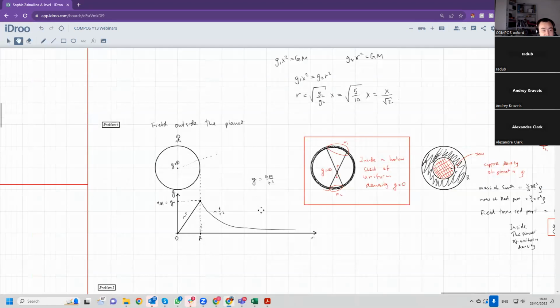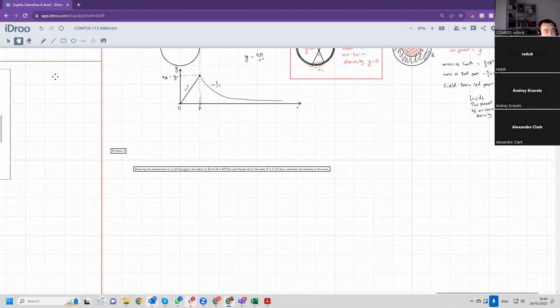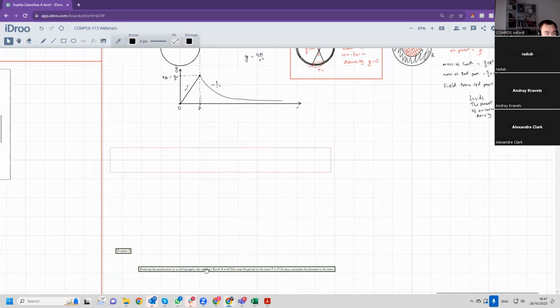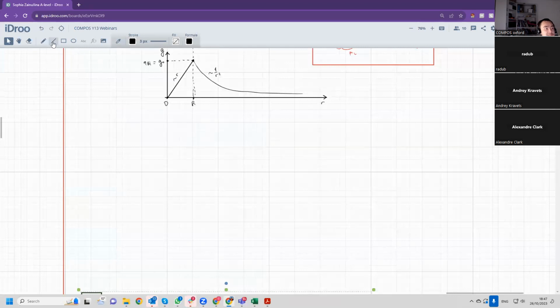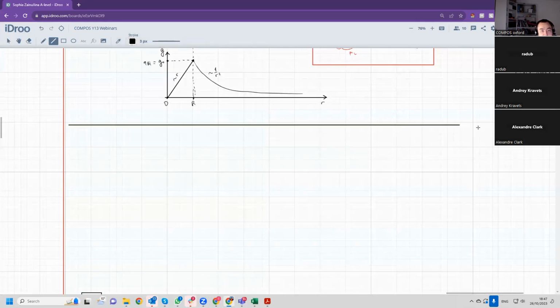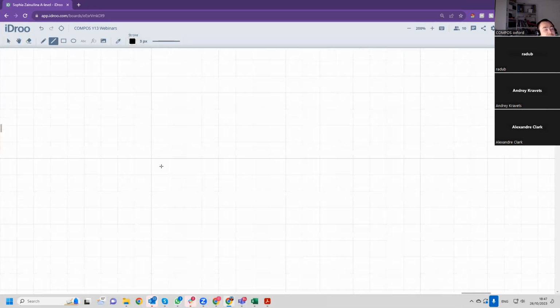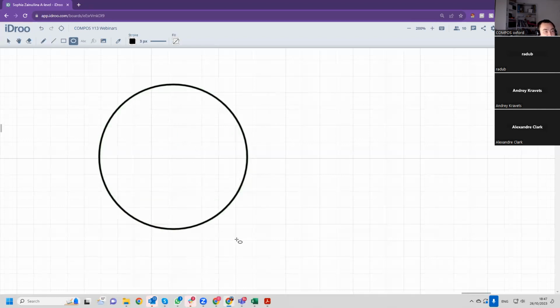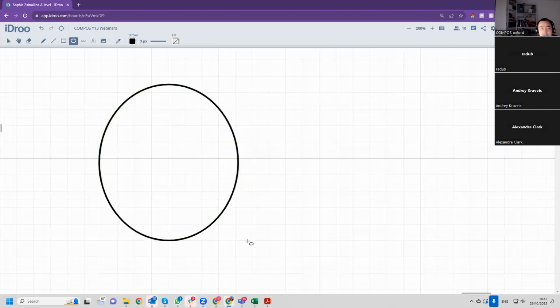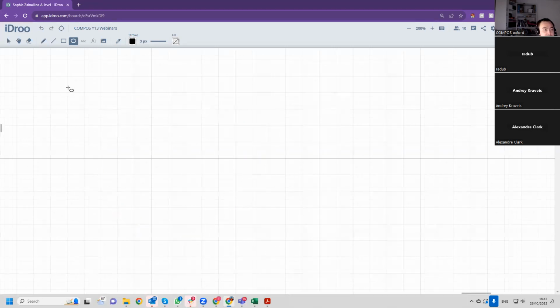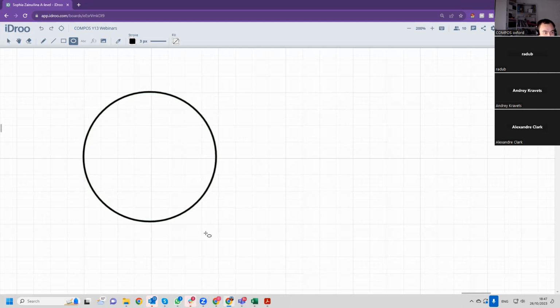So there's a question in the assignment, which is an example, and it goes like this. There's a tunnel that is drilled through the center of the planet from the North to the South Pole.